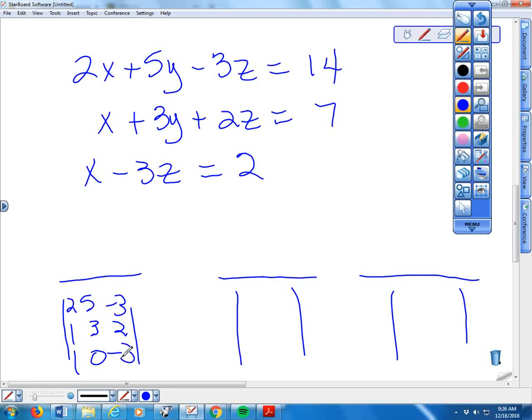Rather than write that again, I'm just going to figure out what that value is. With the calculator, I'm going to put a 3 by 3 in. I'm going to put in 2, 5, negative 3, 1, 3, 2, 1, 0, negative 3. And then I'm going to take the determinant.